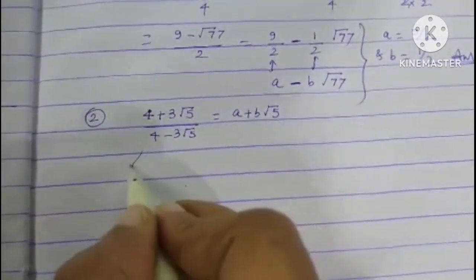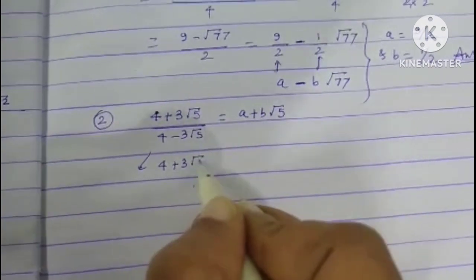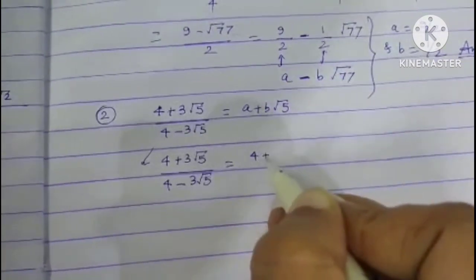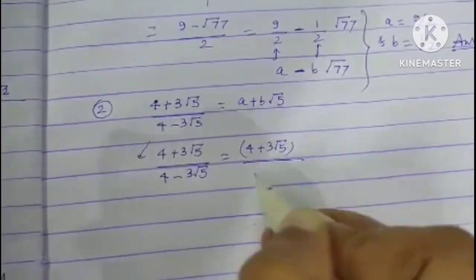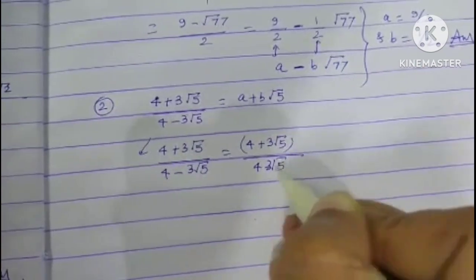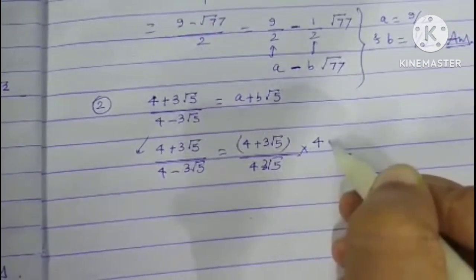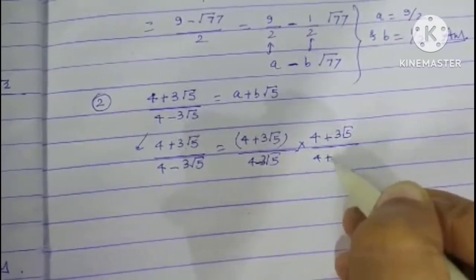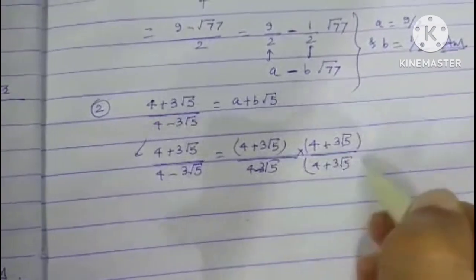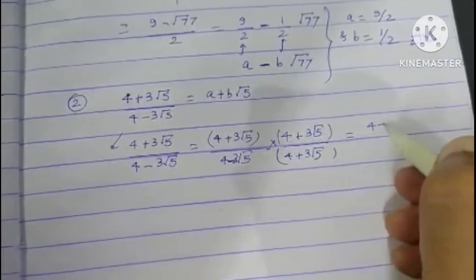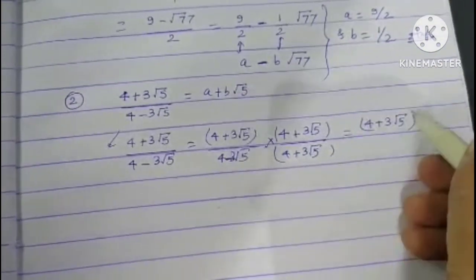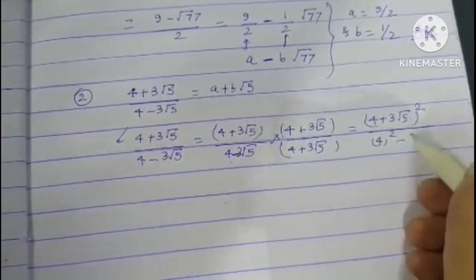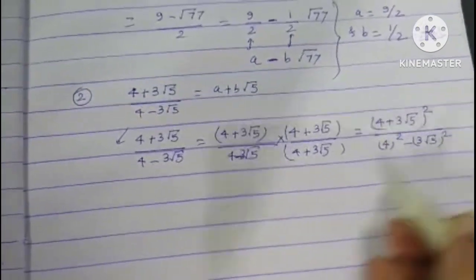First of all, we will write (4 plus 3 root 5) divided by (4 minus 3 root 5) is equal to (4 plus 3 root 5) by (4 minus 3 root 5) multiplied by the rationalizing factor, that will be, here it is minus, so it will be 4 plus 3 root 5. Okay, so now you can write it (4 plus 3 root 5) whole square divided by (a minus b)(a plus b), so a square minus b square.